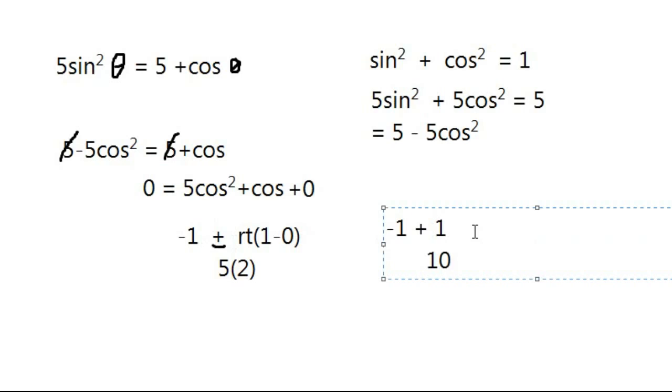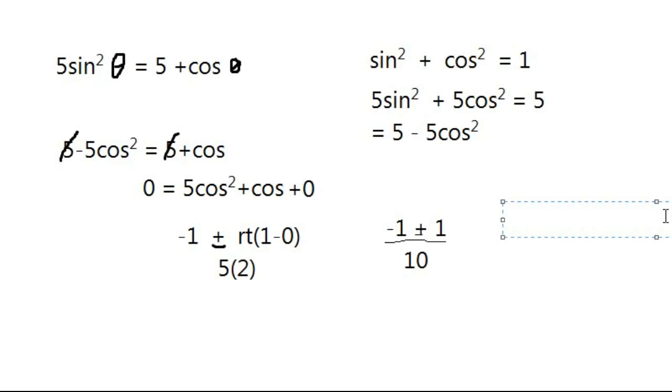Divide by 10, which we know is 2a. Now, this is a plus or minus, so it's either 0 or minus 2 over 10, which is negative 0.2.